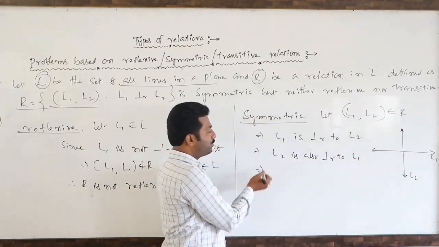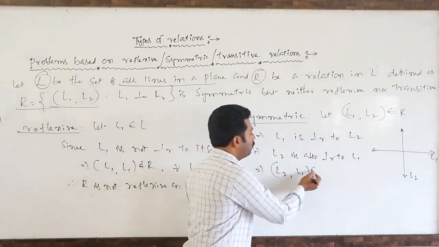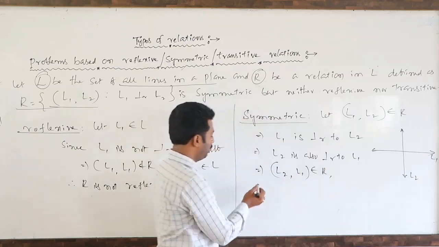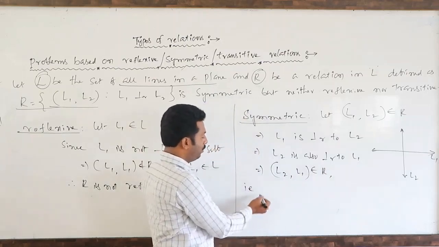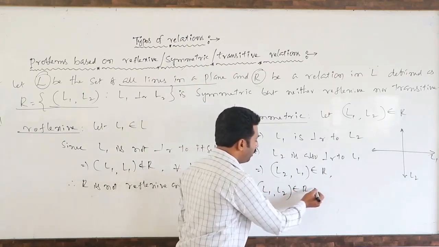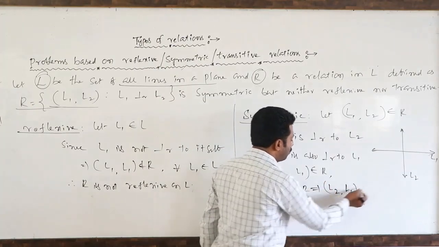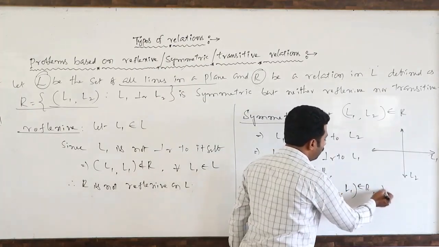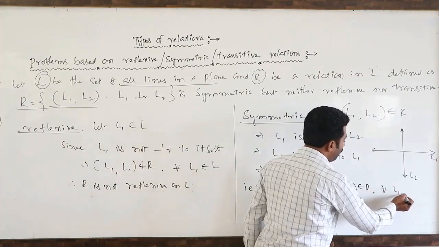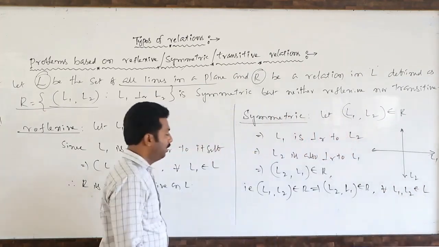L2 is perpendicular to L1 means L2 comma L1 belongs to capital R. So that is what we proved. L1 comma L2 belongs to capital R implies L2 comma L1 also belongs to capital R. This is true for every L1 comma L2 belonging to the non-empty set here.